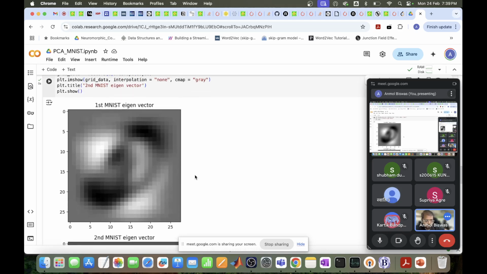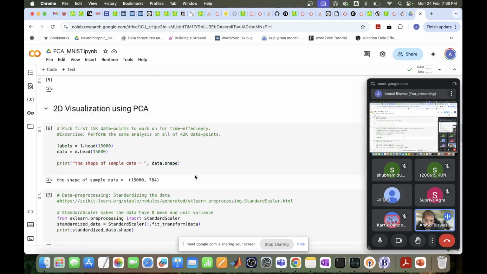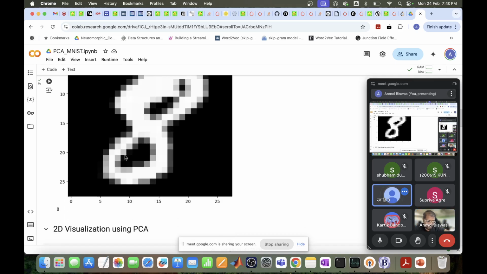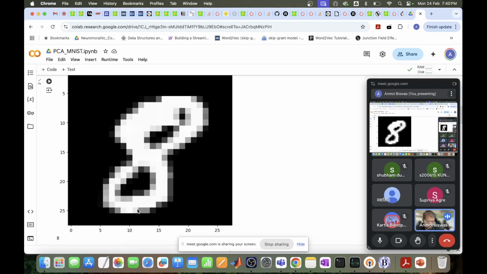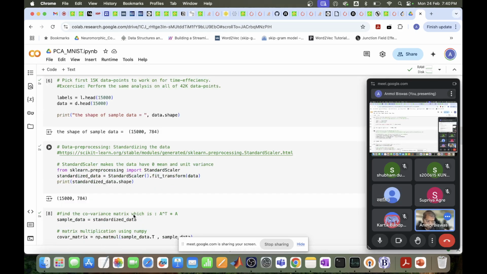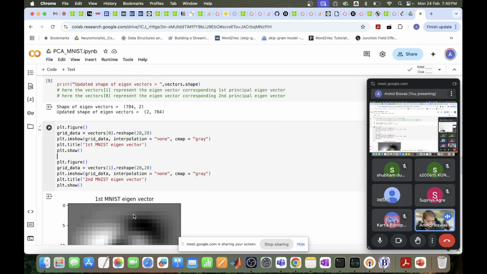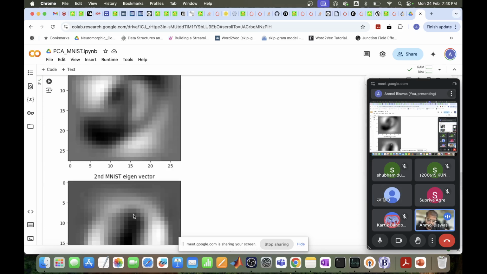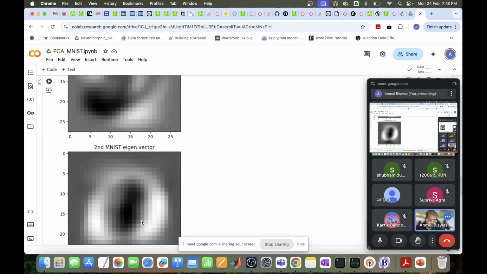And the way you understand is that if you consider any MNIST digit, any sample that looks like this, what it boils down to finally is that any MNIST sample can be expressed as a linear combination of these eigenvectors, right?